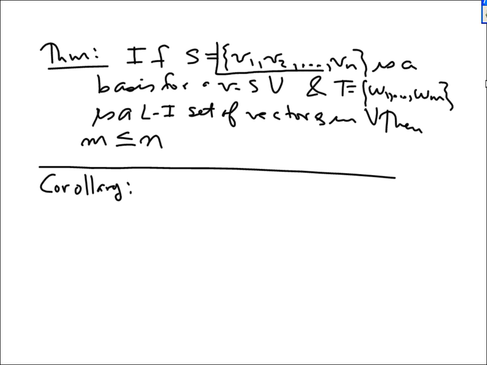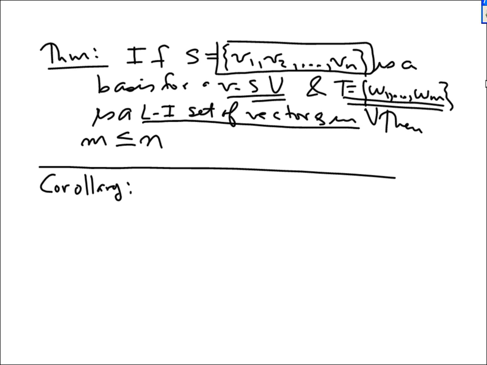Since S is a basis, S is linearly independent, a linearly independent set of vectors in V. T is also a linearly independent set of vectors in V. But again, S is the basis and T is just linearly independent.